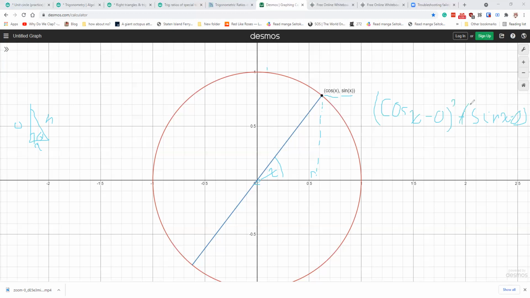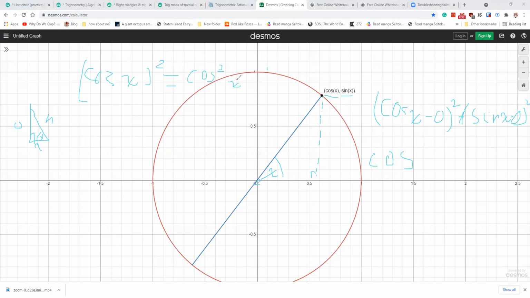And if we square both of those, then we get cosine squared x. Okay, so one slight bit of notation. When we say cosine of x squared, this is the same as saying cosine squared of x.